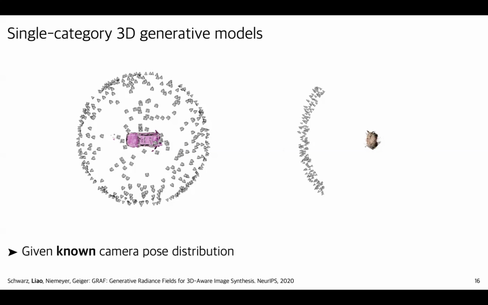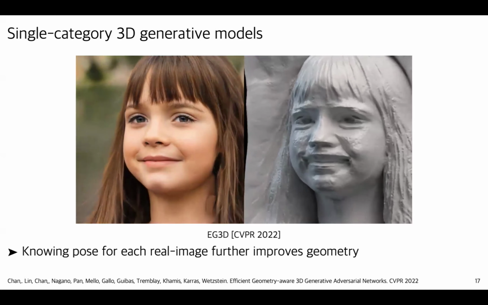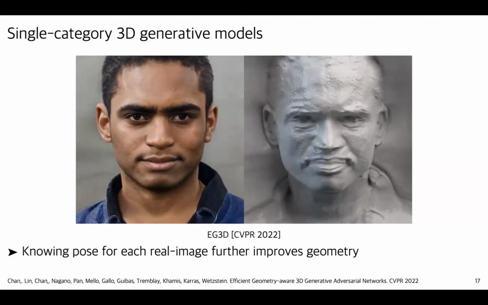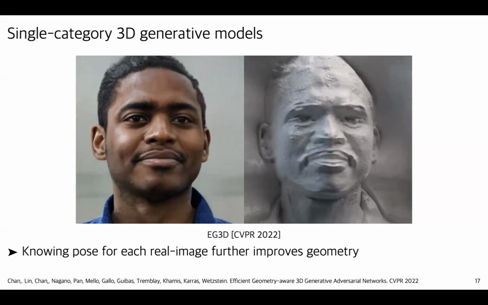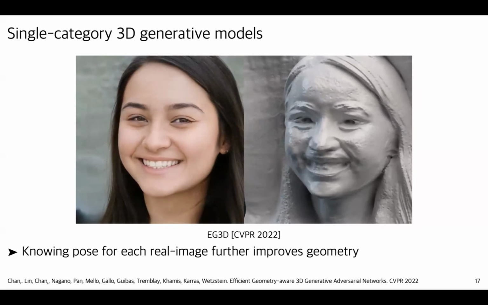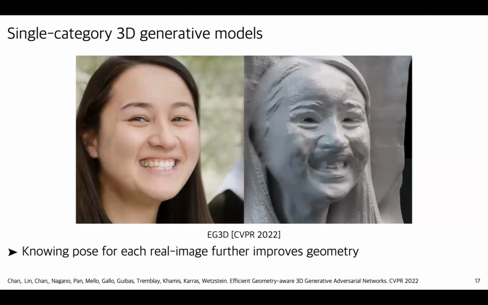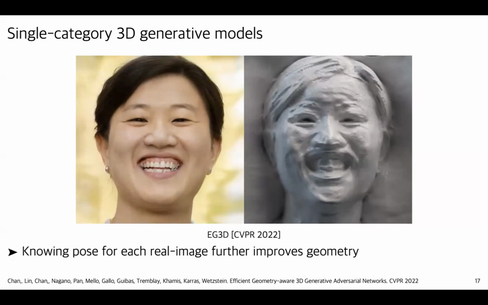But the key message is that the reason it works is that we know the camera pose distribution, especially for the right case, right? You define the camera position with respect to something canonical, and then the model also learns to place the object there. And later on, for example, EG3D further improved this by detecting the human face so that we obtain accurate camera poses for each real image.